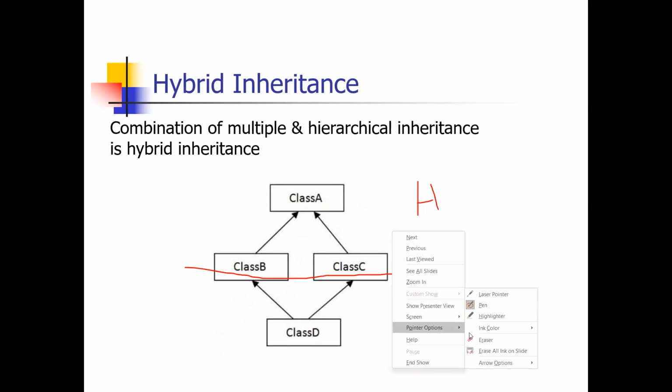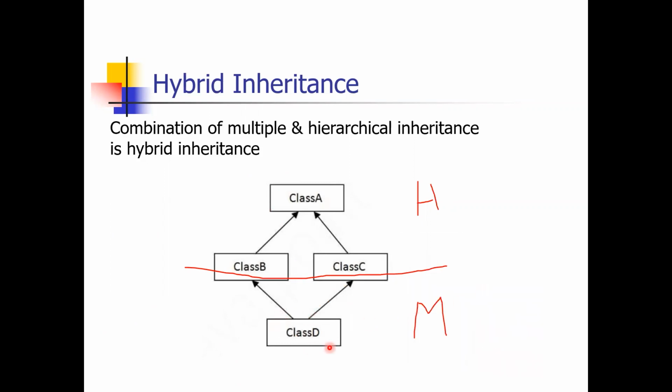See, when one child is in relation with two parents, or we can say this child inherits the properties of two parents, then it's called multiple. When two children inherit the properties of one parent, that is called hierarchical inheritance. The combination of hierarchical and multiple is called hybrid inheritance.